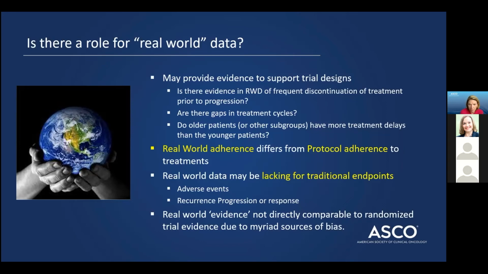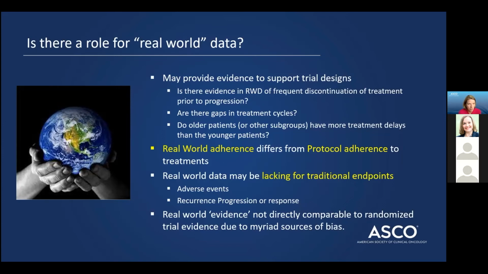Real world data may be lacking for traditional endpoints. So if you are using a real world database, sometimes it can be hard to identify adverse events. They are not coded in the way that we have them coded and collected in clinical trials. And recurrence, progression, or response are things that are more subjectively evaluated outside of a clinical trial.